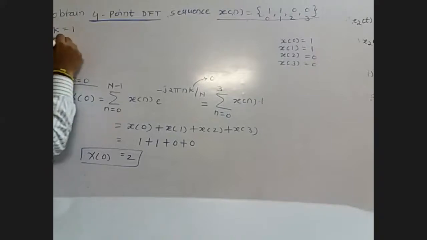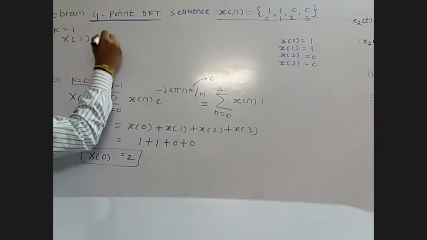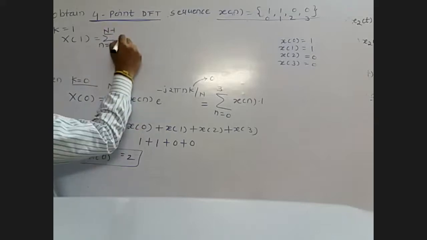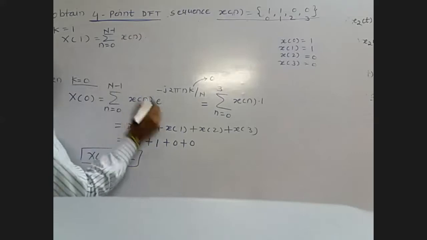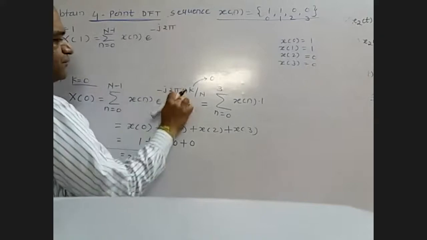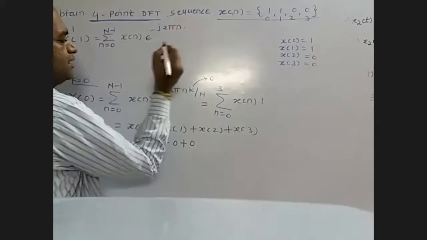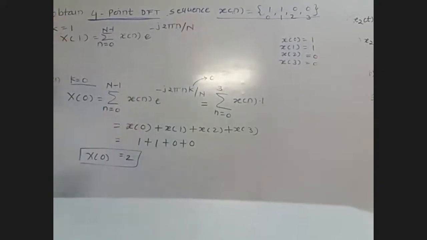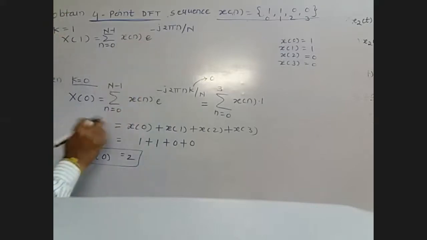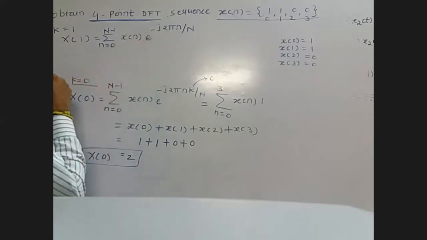Now X of 1 is equal to the summation of n equal to 0 to N minus 1 of x of n into e raised to minus j 2 pi n into 1 by N. Hope you are getting this. Now I am solving it.